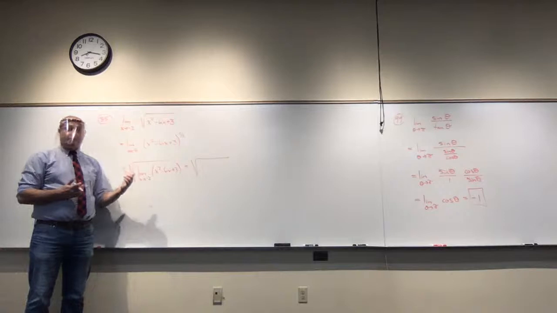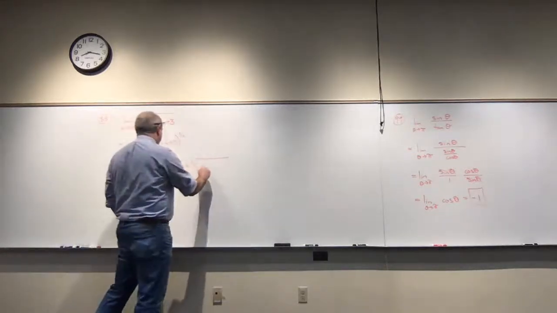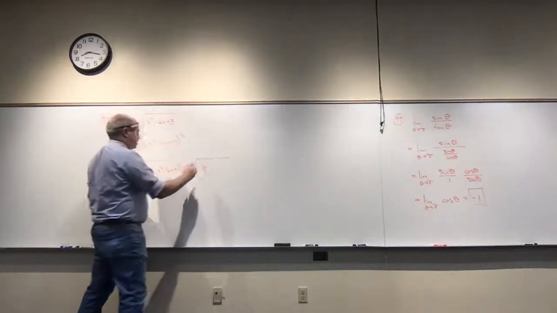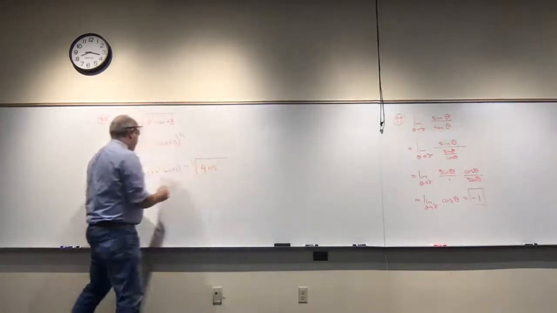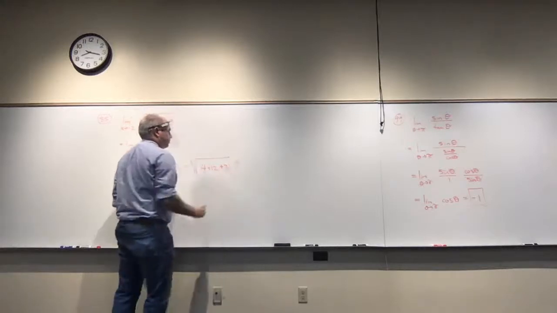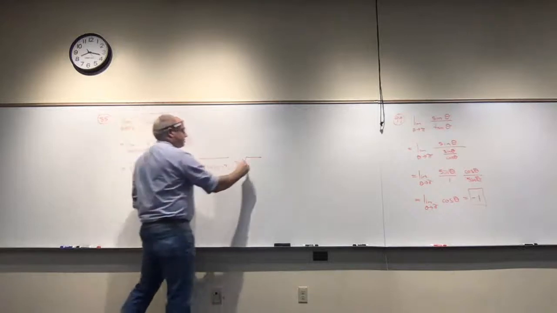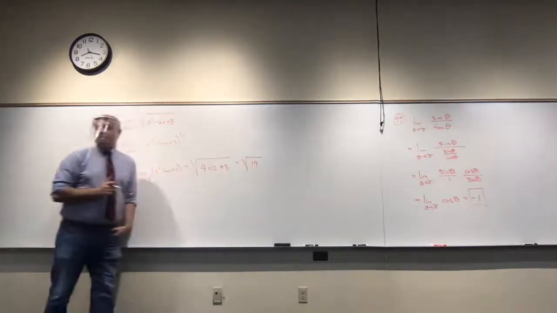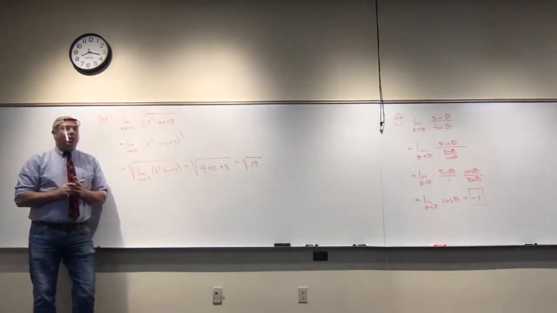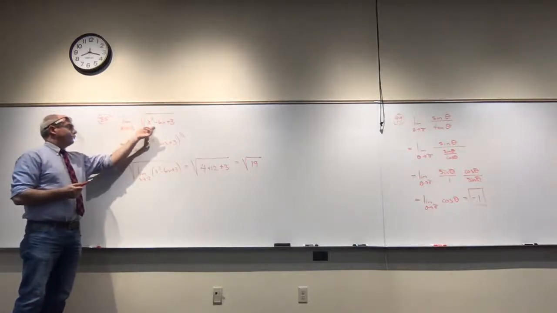So I'm going to just plug in the -2, and if I do, I get 4. -2 times -6 is plus 12, plus 3. And so what do we get here? Square root of 16 plus 3 is 19. So square root of 19.